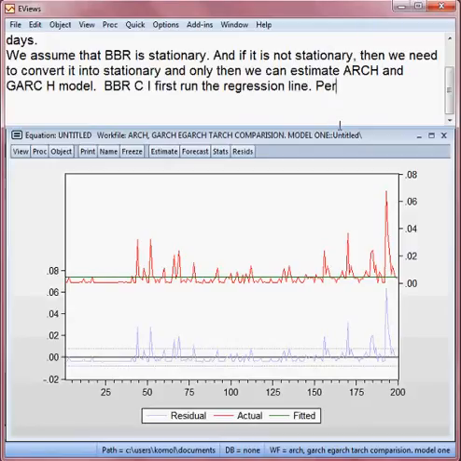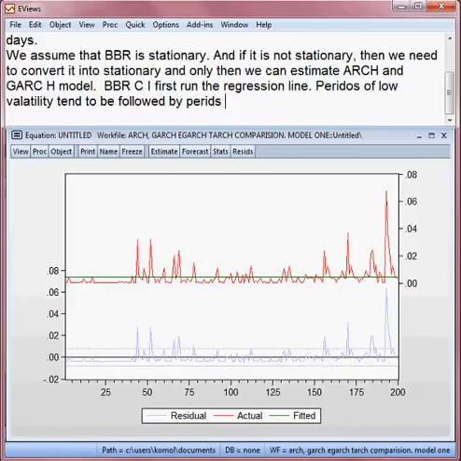Meaning that periods of low volatility tend to be followed by periods of low volatility for a prolonged period, right?